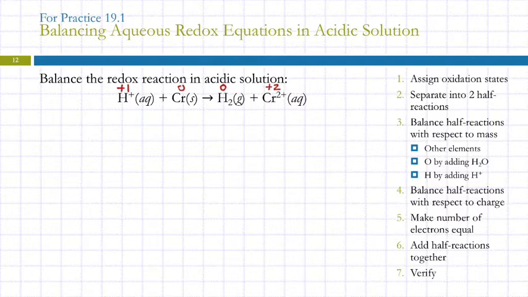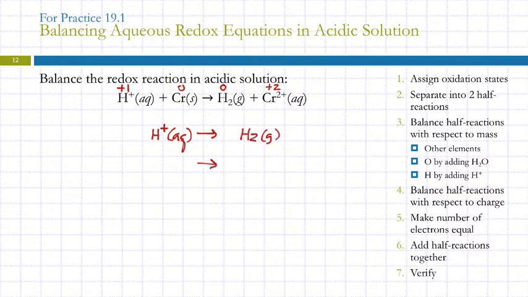Okay, so now we're going to make 2 half reactions. I'm just going to start with H plus because it's just sitting there at the beginning. And this is still pretty simple. What is the product that goes with the H plus? It's got to be the H2, right?